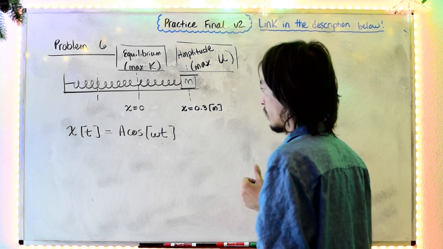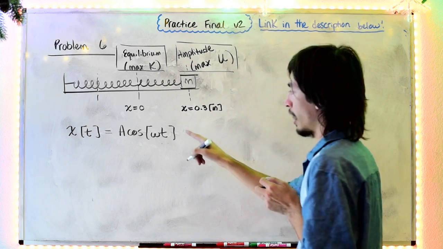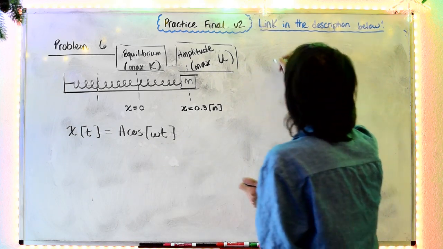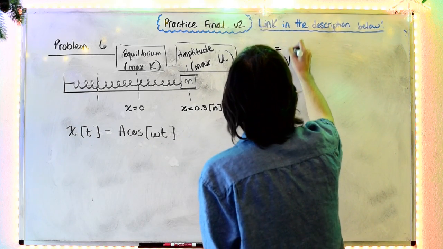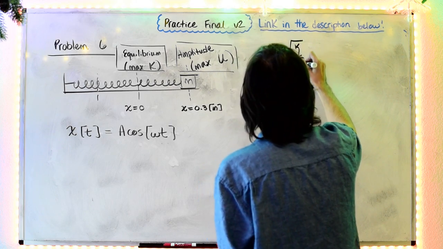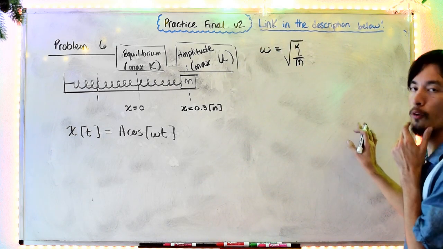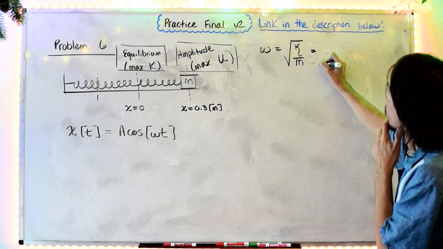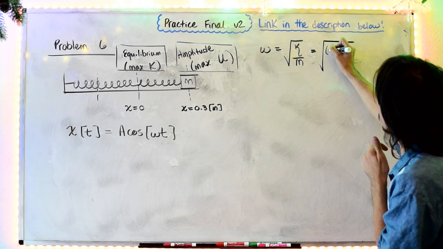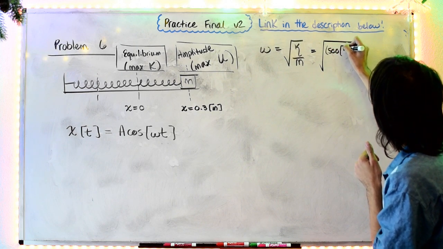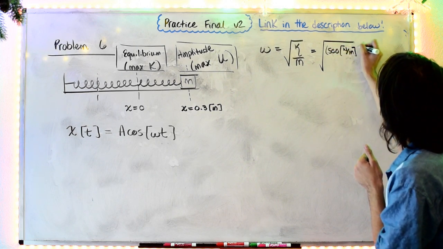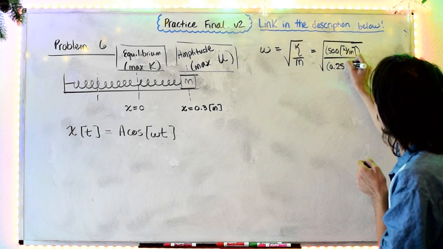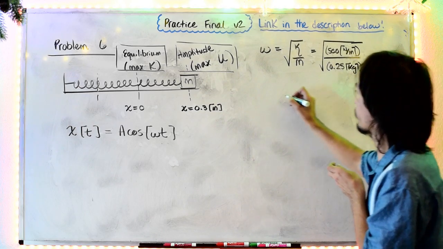Now, keep in mind here that omega we keep on using over and over again. Omega is just the square root of k over m. Now, if we just calculate this out, so we can just use it over and over, 500 newtons per meter over 0.25 kilograms.